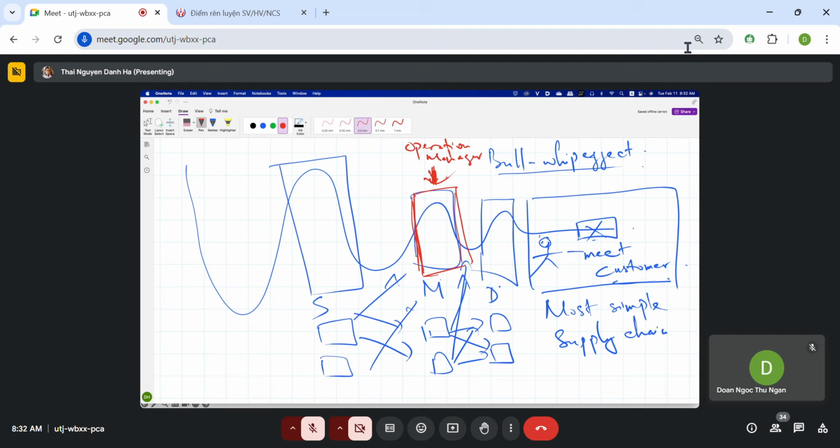Because we have a lot of suppliers here, and suppliers of suppliers, how can we handle the material? For example, in the past when I worked in a stationery company, the supplier would deliver the material for us just based on the contract.